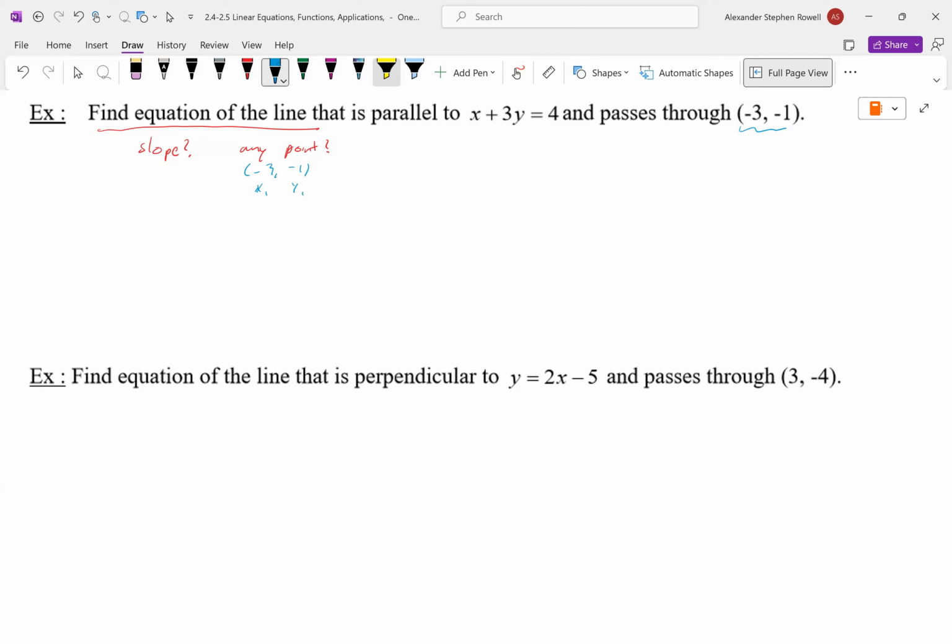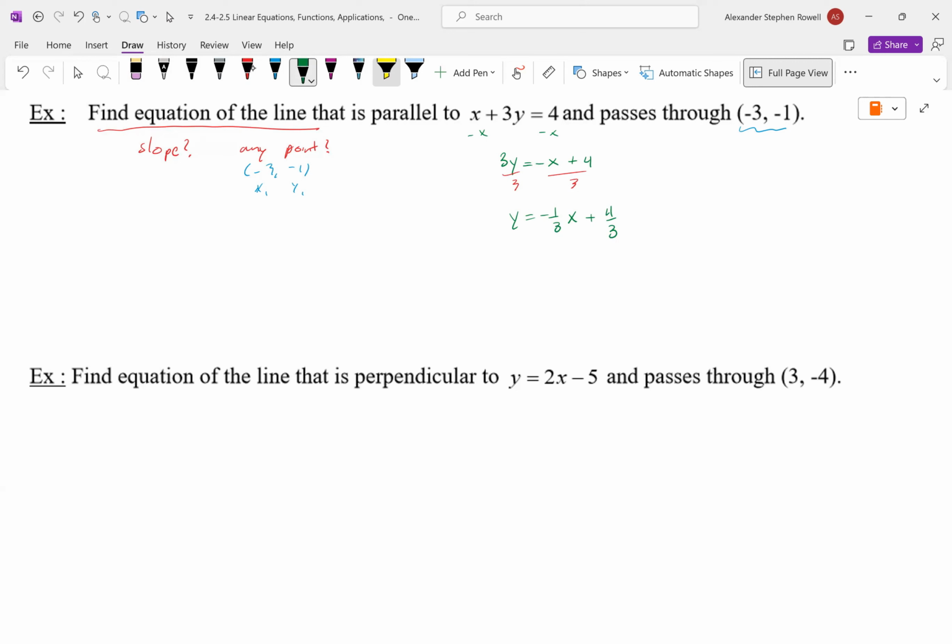How do I find the slope of a line parallel to the one given? Solve for y. Let's subtract x from both sides. 3y is equal to -x plus 4. Divide by 3. Y is equal to -1/3 x plus 4/3.